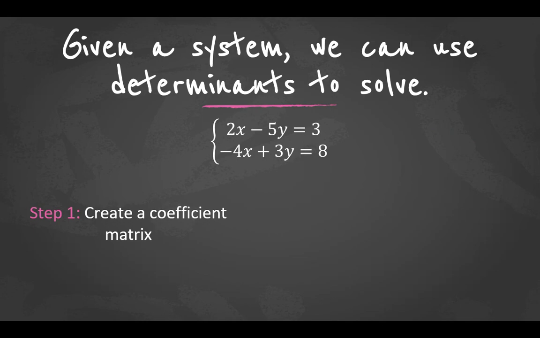Okay, step one. We're going to create a coefficient matrix. So what we're going to do is take all the coefficients and pull them out and create a matrix with them.